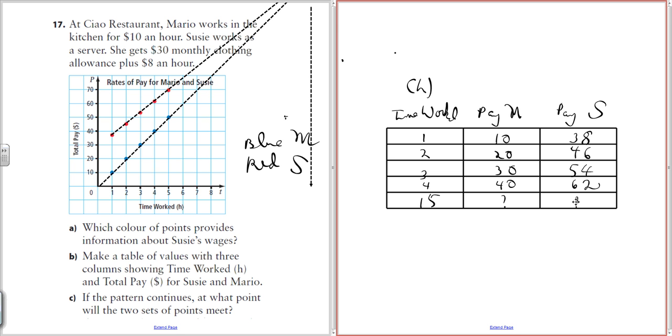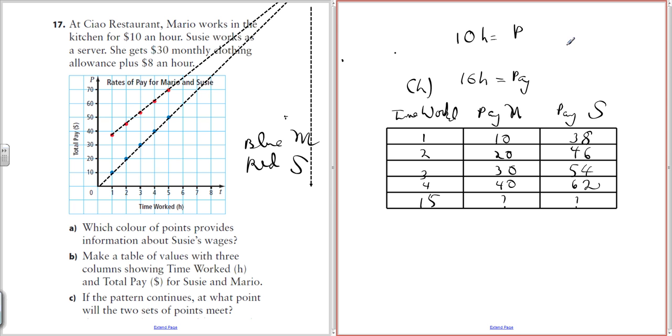And we can figure that out pretty simply, I think. So let's look at this then. What is the relationship between this pay and this pay? Well, the formula for Mario is pretty simple. You take the hours worked in relationship to the pay. If you take his hours worked and multiply it by 10, 10H equals his pay.